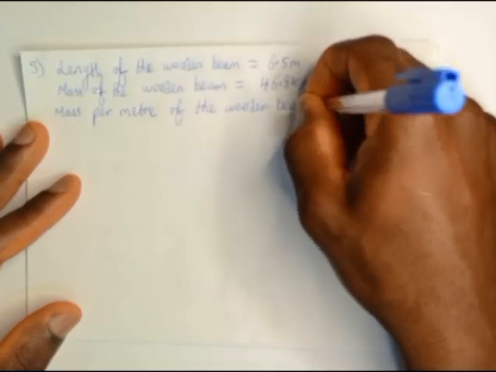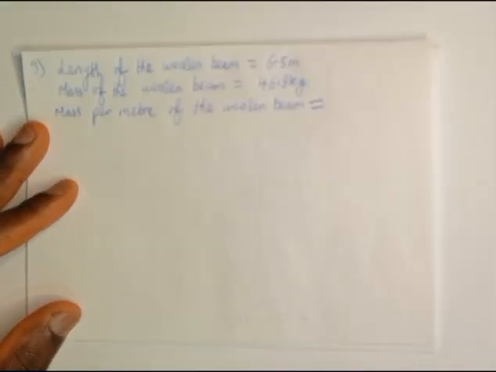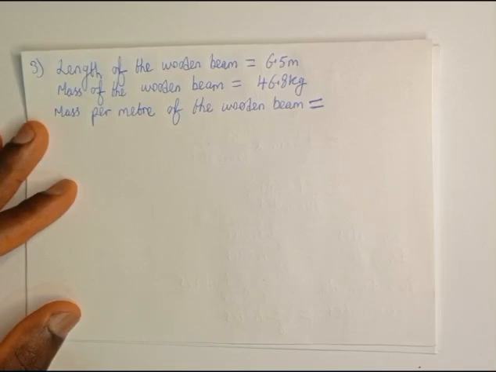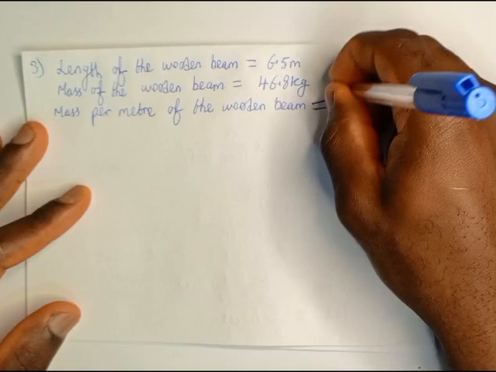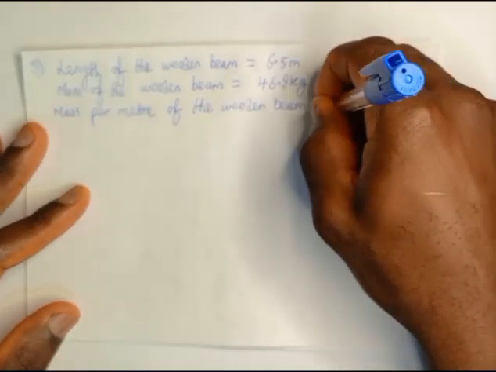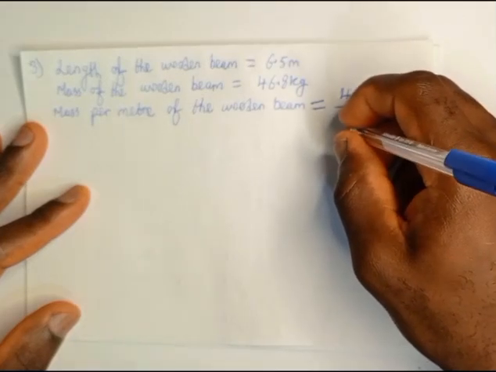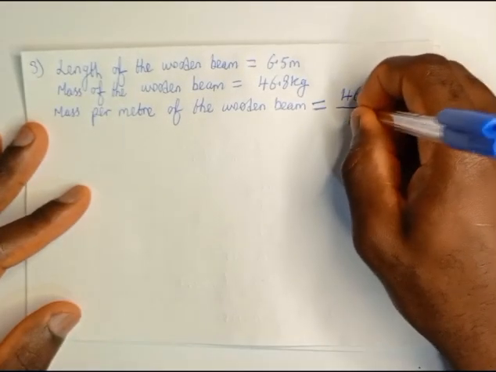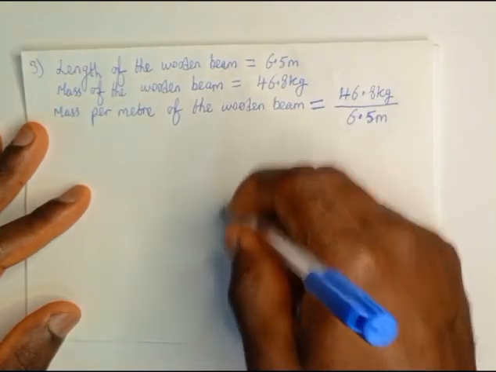This will simply be equal to, for us to get the mass per meter of the wooden beam, we are simply going to divide the mass of the wooden beam, which is 46.8 kilograms, by the length of the wooden beam, which is 6.5 meters.